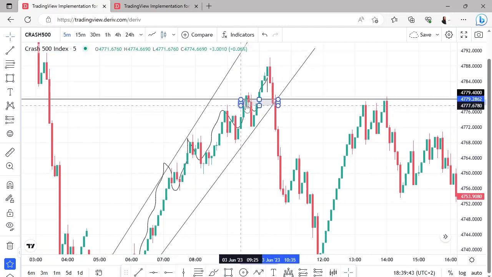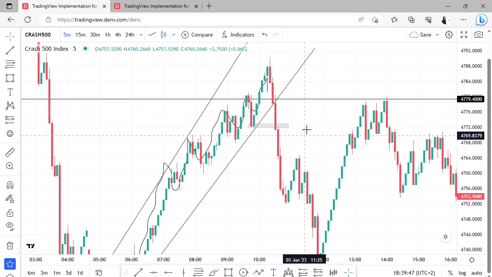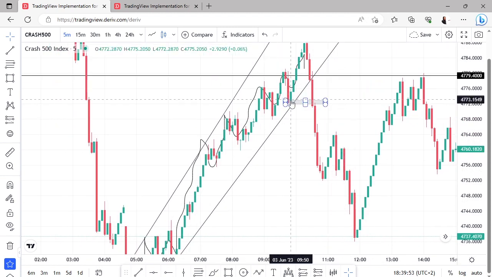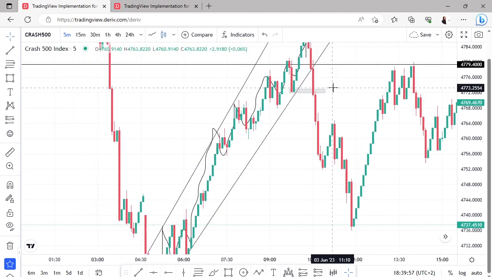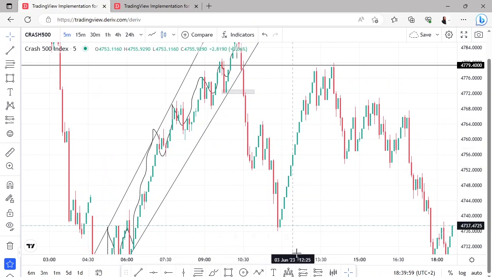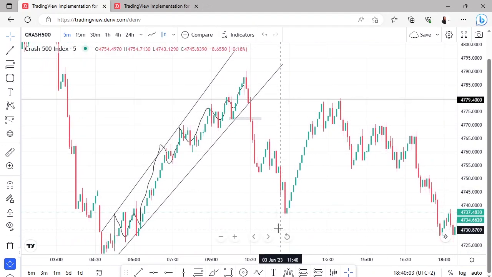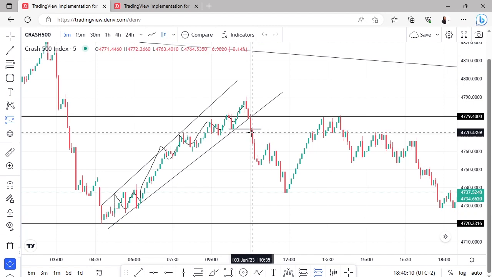It broke our higher low. So it broke both our uptrend line and also our higher low. So overall you would have entered here.